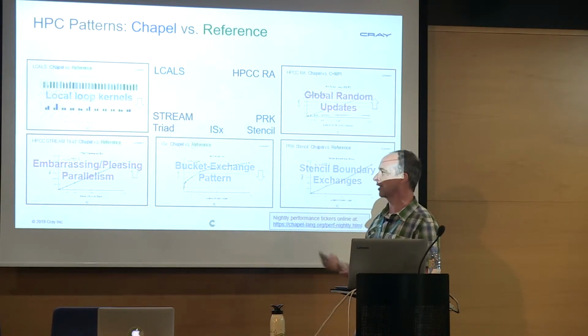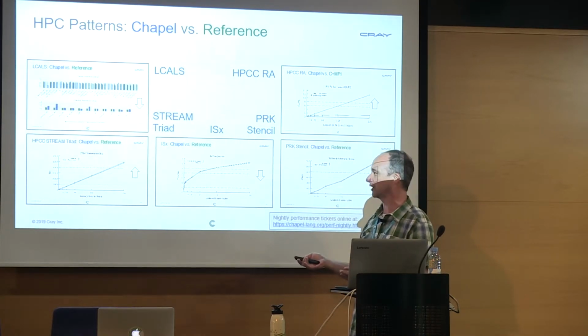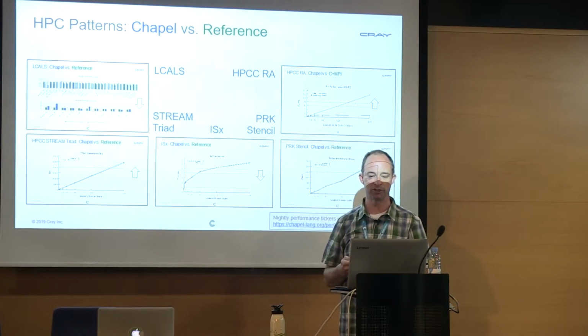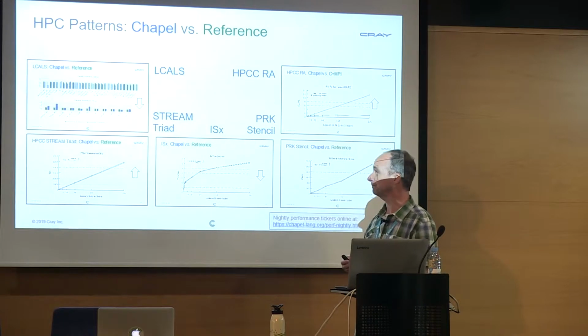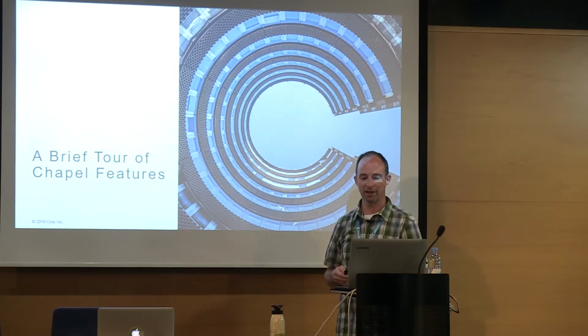And if I had more time, I could walk you through all of these results. But the main point here is that, generally speaking, Chapel does well across a wide variety of computational styles and is generally matching or beating reference versions more and more as time goes on. Okay? So with that, I'm going to transition to giving you a brief introduction to Chapel.